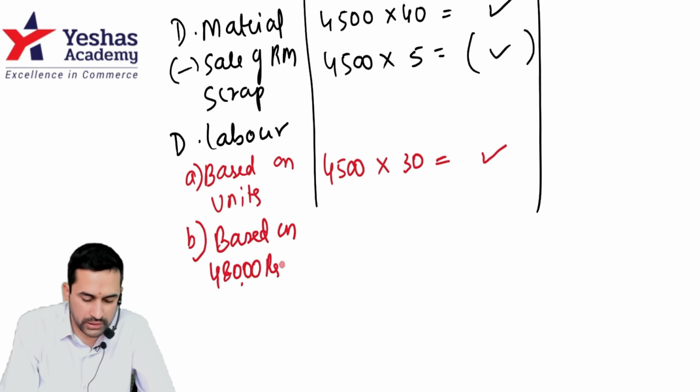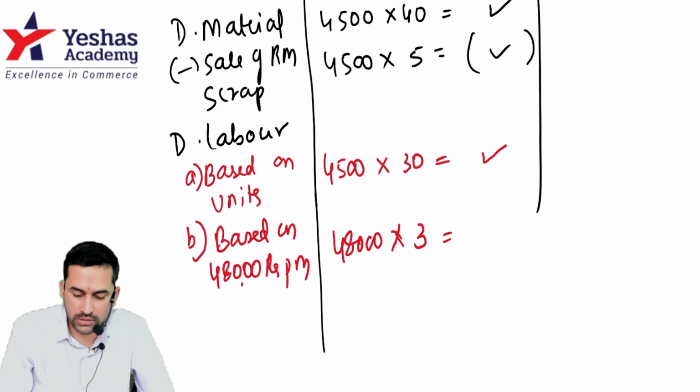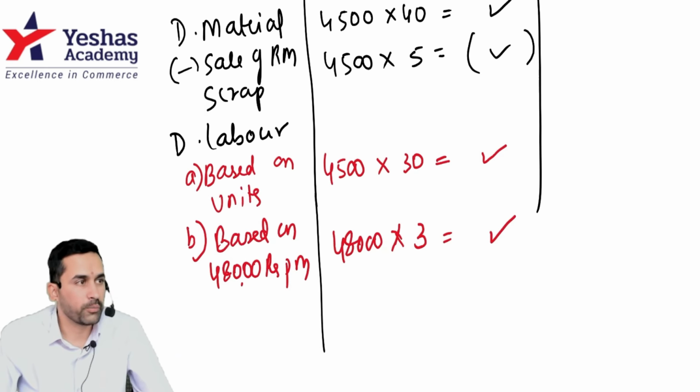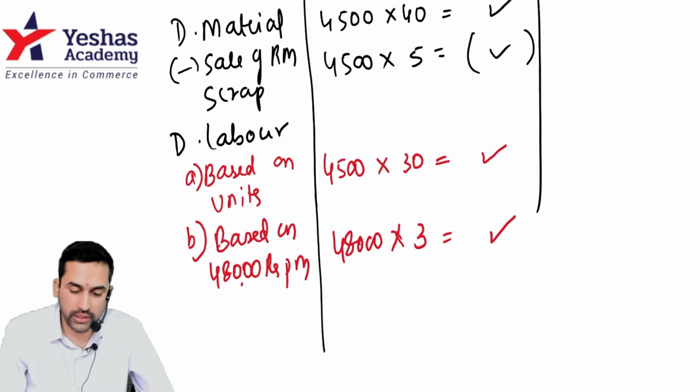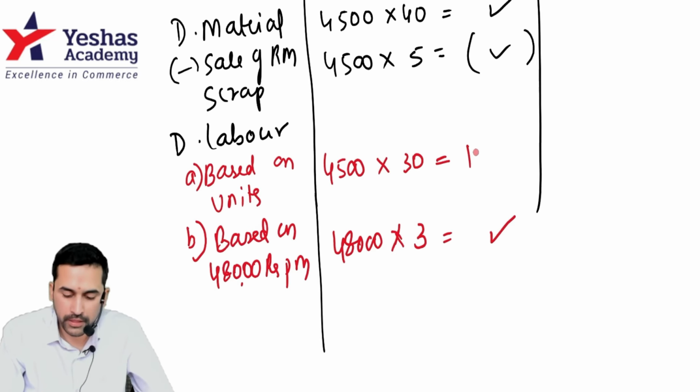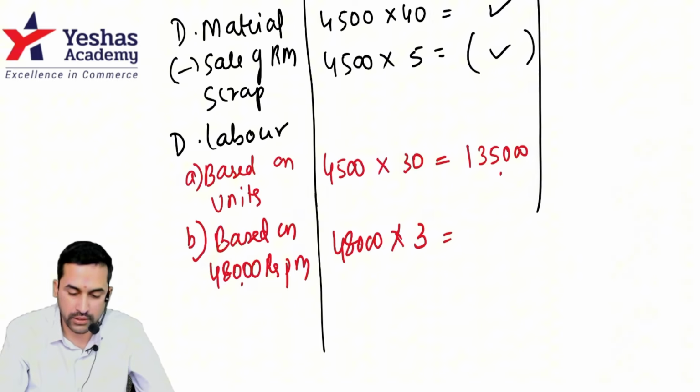But I can't decide that as the final number because I have to pay a minimum amount based on 48,000 rupees per month. This I should be doing into 3. Tell me why into 3. So this is for 3 months. Then you get one more number. Now my doubt: will you take the higher of the 2 or the lower of the 2? Higher of the 2. Tell me the number, 4,500 into 30, 1 lakh 35. Okay, but if you go by 48,000 into 3, it is 144,000.